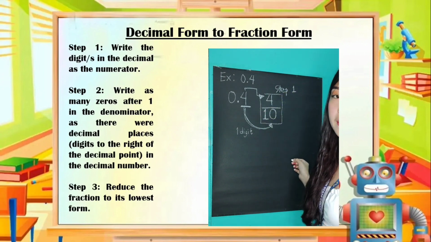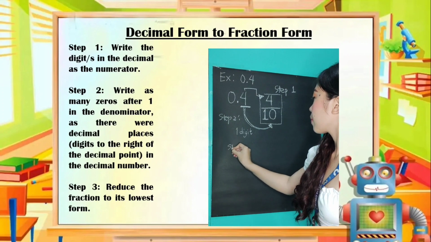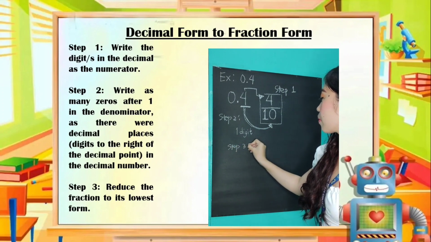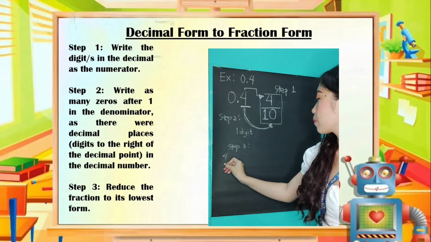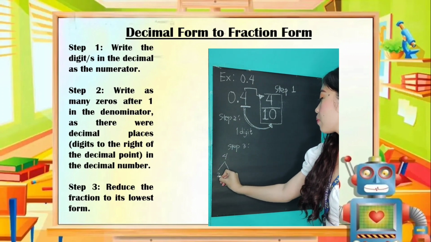Since we can still reduce it to its lowest form, we are going to proceed to step 3, which is reduce the fraction to its lowest form. All we have to do is to find the GCF.